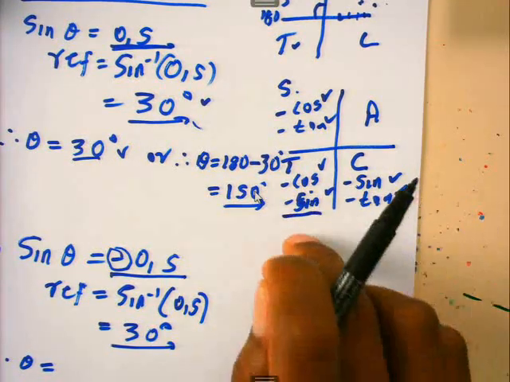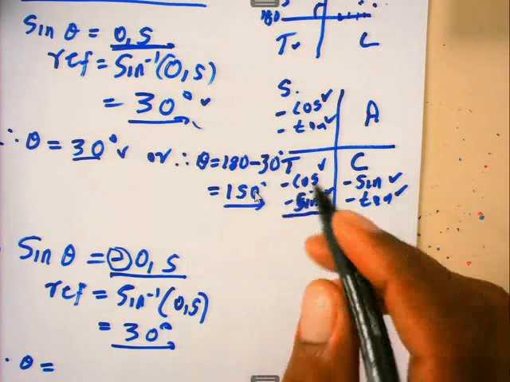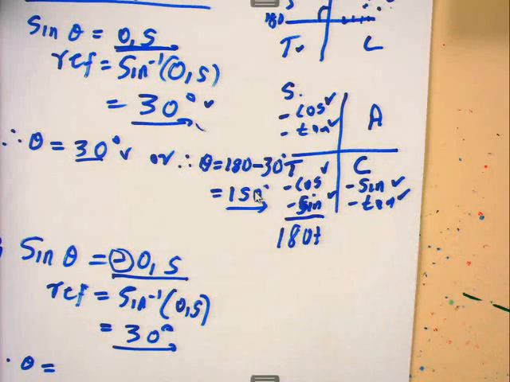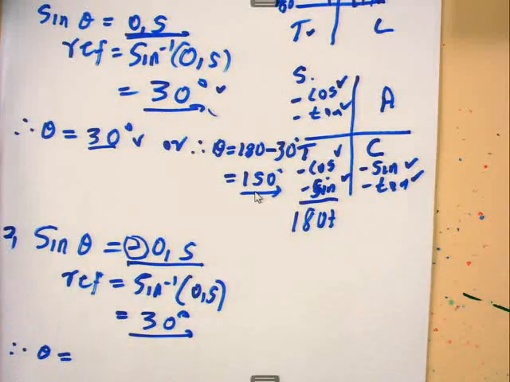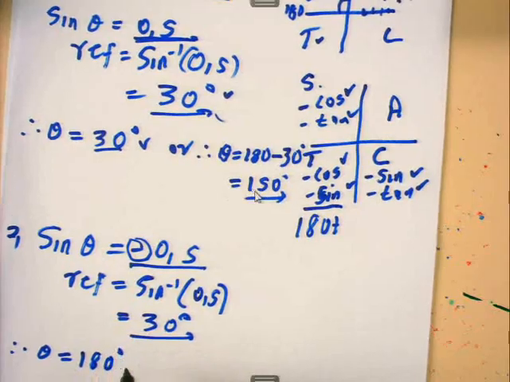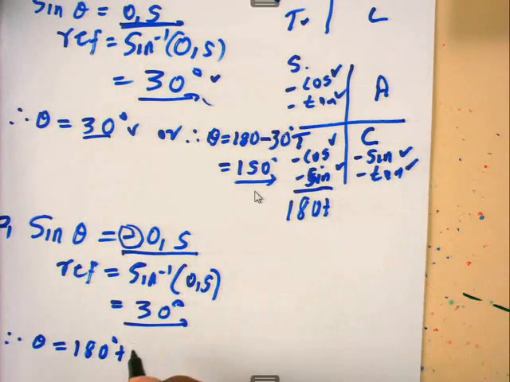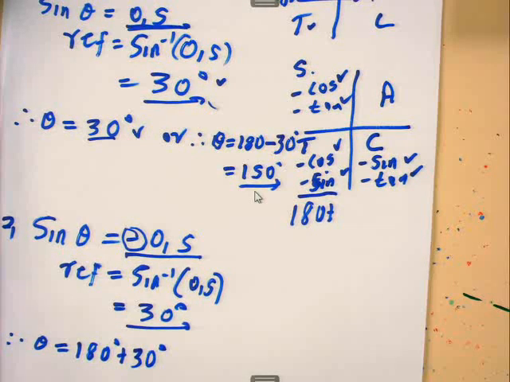It means sine is negative in the third quadrant. When you apply the reduction, we say the angle in the third quadrant is 180 plus, right? It means for us to have the value of theta here, we will say theta is equal to 180 degrees plus the reference angle. What is the value of the reference angle there? That is 30 degrees, right?